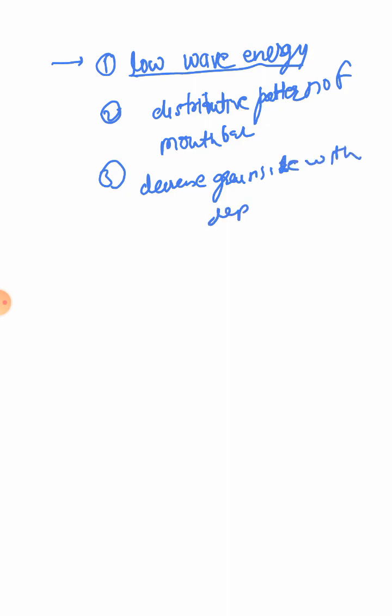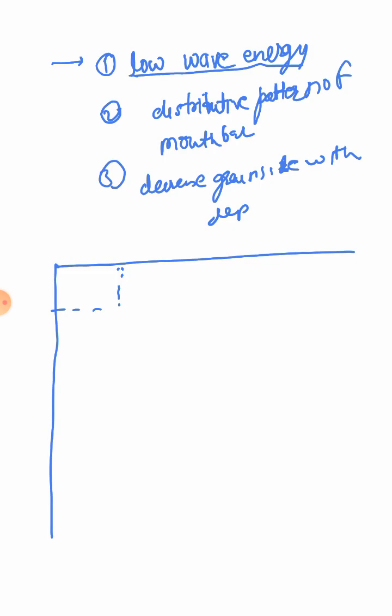So initially we'll have the delta front or delta plane, then comes the distributary channel, and then comes the mouth bar.